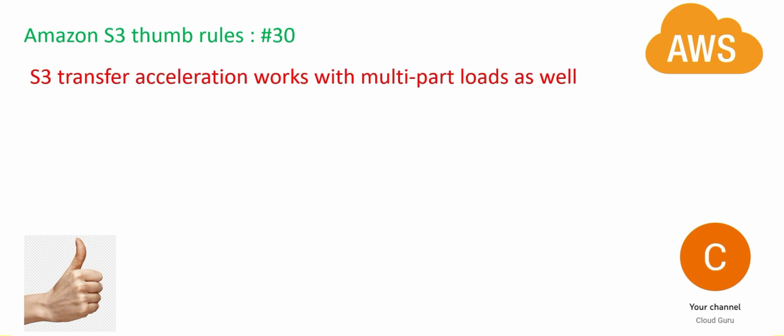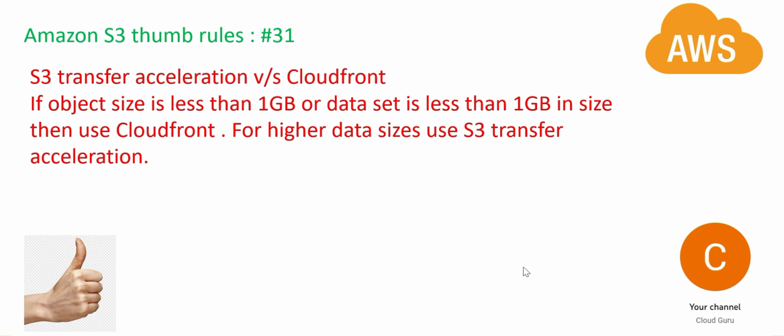The beauty is, this works with multi-part uploads as well. Like we discussed, any file above 5 GB, you should use multi-part uploads. Now, in the exam, you would get scenarios where you would have to do a comparative study. So, if the object size is less than 1 GB, then you should use CloudFront.